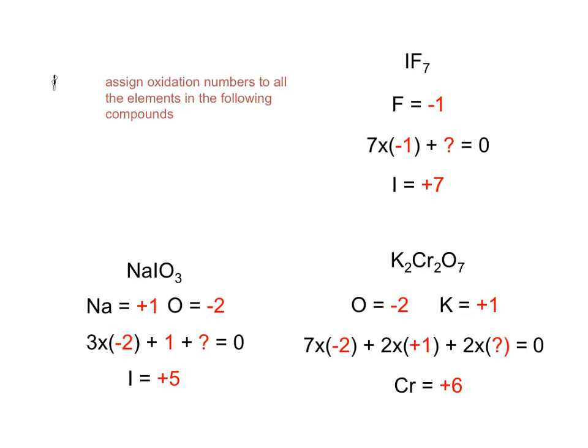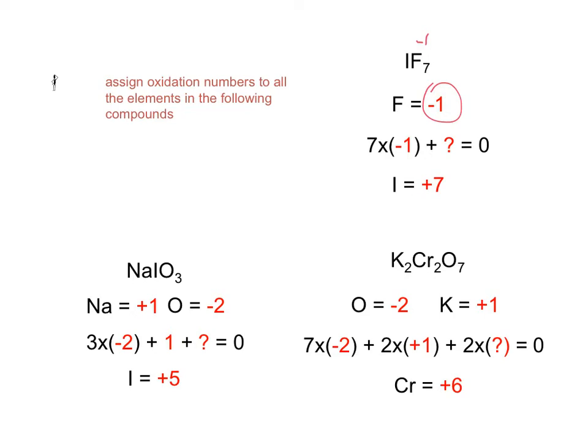So let's continue to look at a few more examples. So this IF7. Remember one of the rules was that fluorine is always a -1 charged ion, and we know we have 7 of those. So each one of these oxidation numbers is -1, and we have 7 of them. So 7 times -1 is going to give you -7.